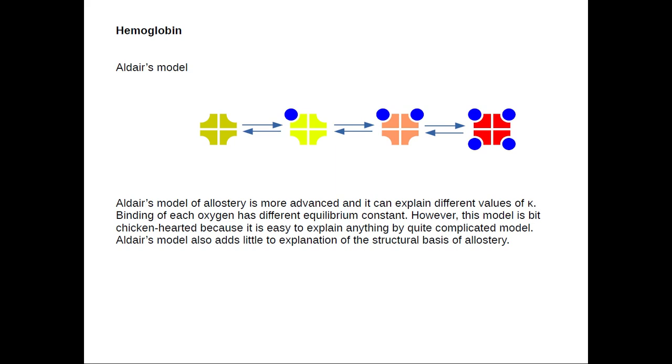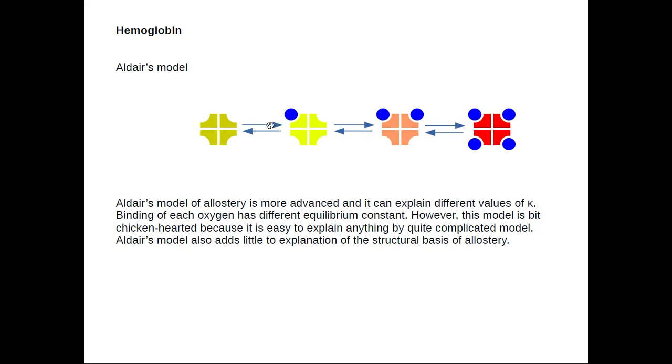The next model was Adair's model, which is not very, I would say, descriptive, because it simply assumes that binding of the first oxygen happens with some dissociation constant or equilibrium constant, and this dissociation constant for binding of one oxygen is different from binding of the second oxygen and binding of the third and fourth oxygen.